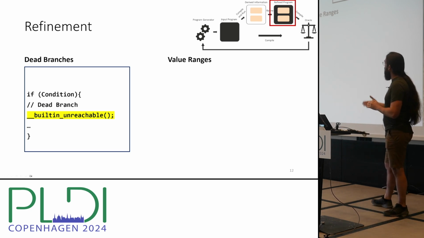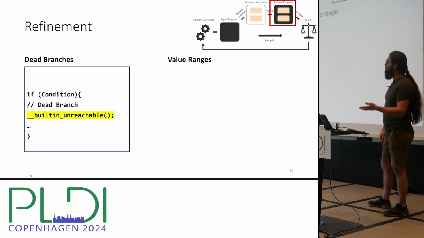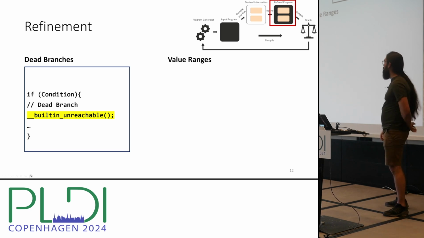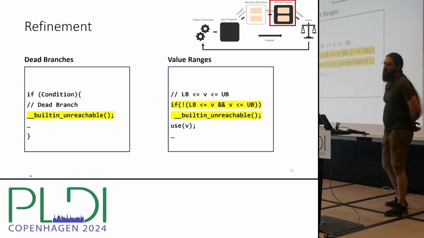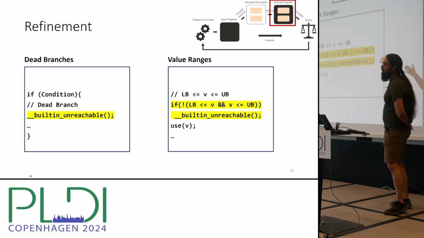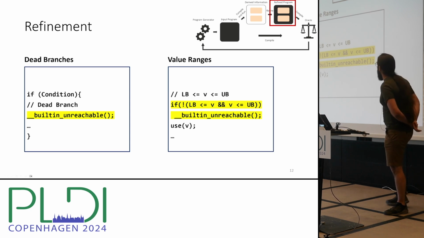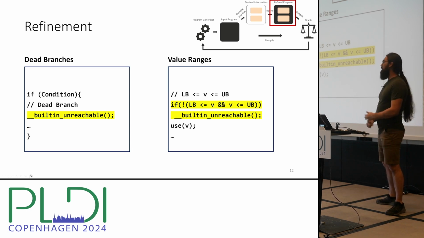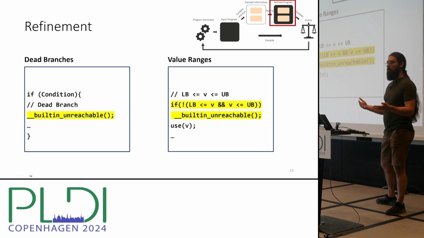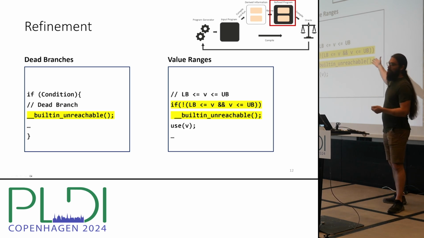And for the value ranges, we also use a call to this pseudo function built-in unreachable, but this time we guard it with the opposite condition of the one that we know is true. So here we have observed that a variable v will always be bounded by a lower and an upper bound. So we are in an unreachable state if this condition doesn't hold.